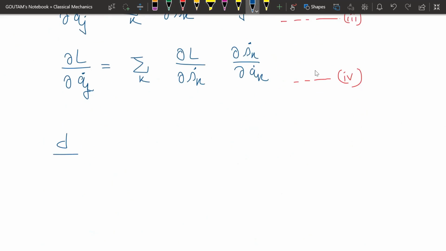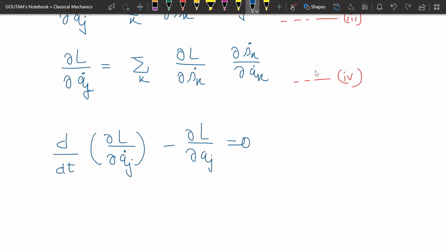Now, in terms of q's, the Lagrange equation we had was ddt of del L del qj dot minus del L del qj equals 0. This we already know.